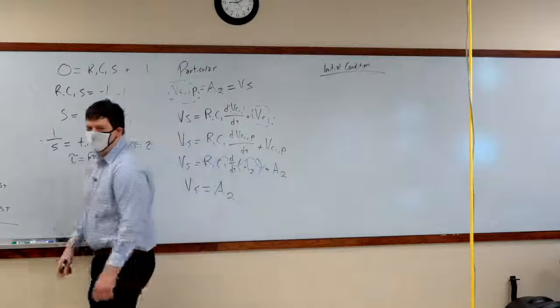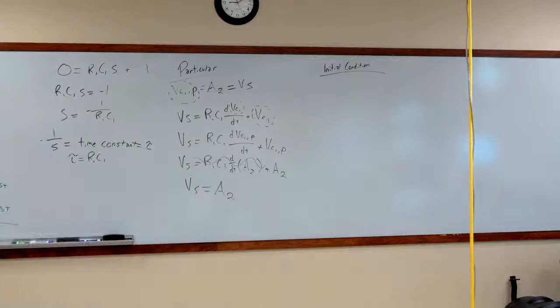Okay, what we're going to go ahead and assume is that, if we go back to our original circuit, we flip the switch at t equals 0 to plug in the system. We're going to assume that at t equals 0, there were no charges in the capacitor.